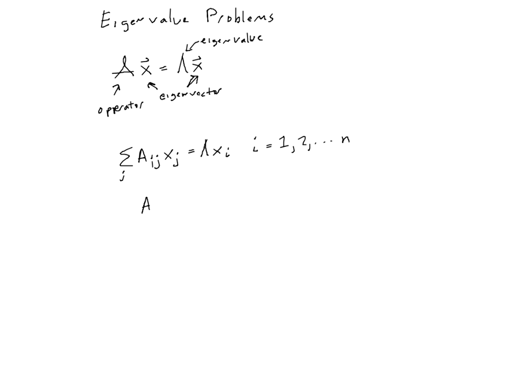So what happens is that you basically have your matrix times x, your eigenvector, equal to lambda times the eigenvector.